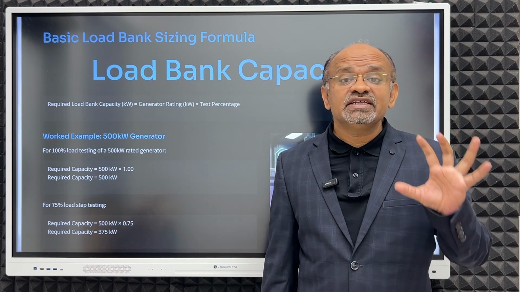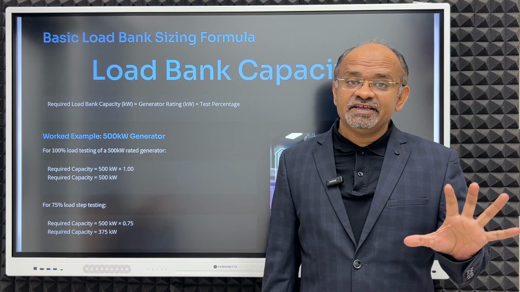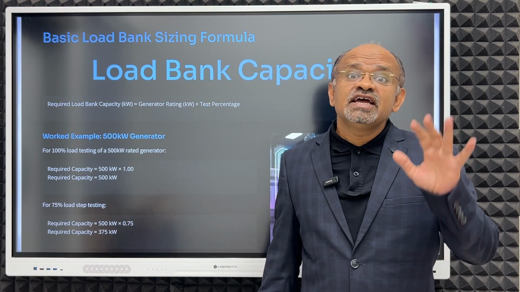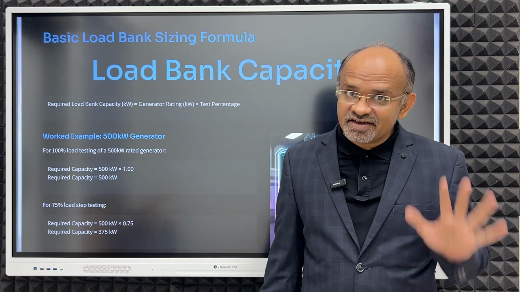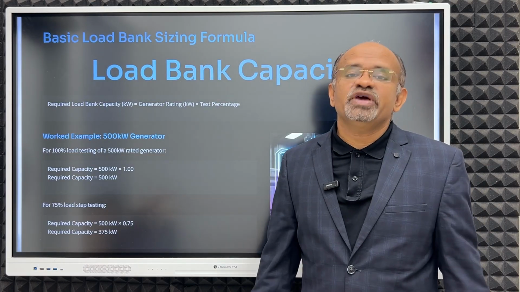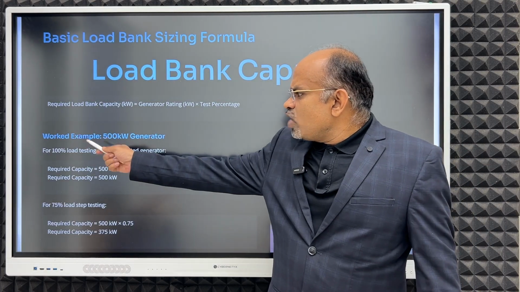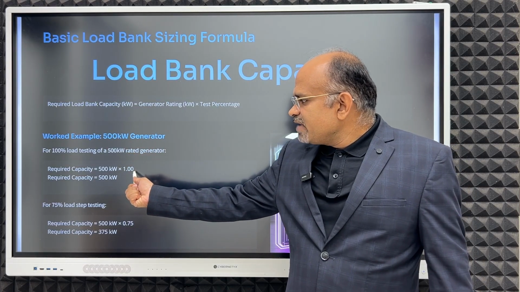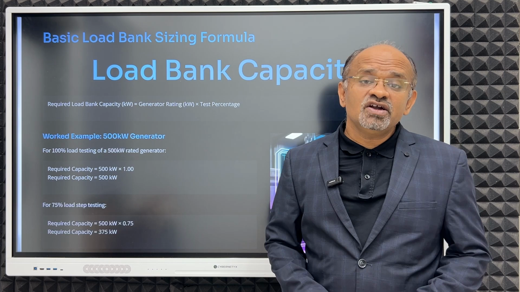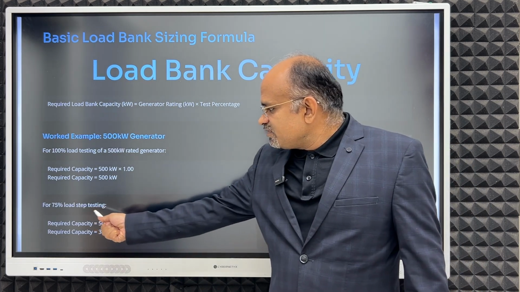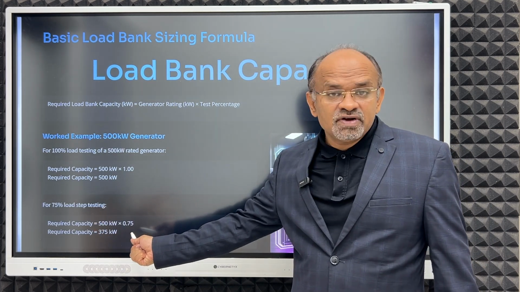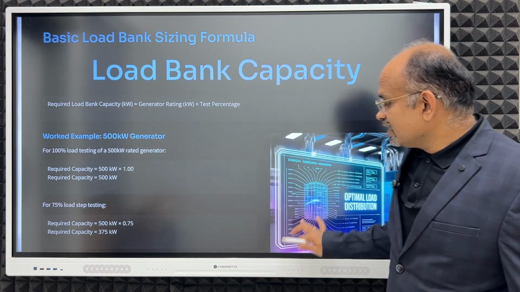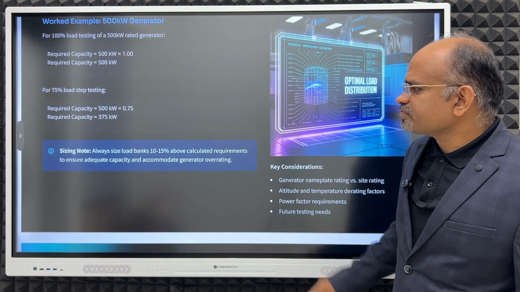Accordingly the percentage will vary and the number of banks you switch on is different for each generator. So this calculation is very much important. Worked example: 500 kilowatt generator, 500 multiplied by 1 because it is 100% load. For 75%, multiply by 0.75, 375. So this way you need to do the calculation and keep it handy.